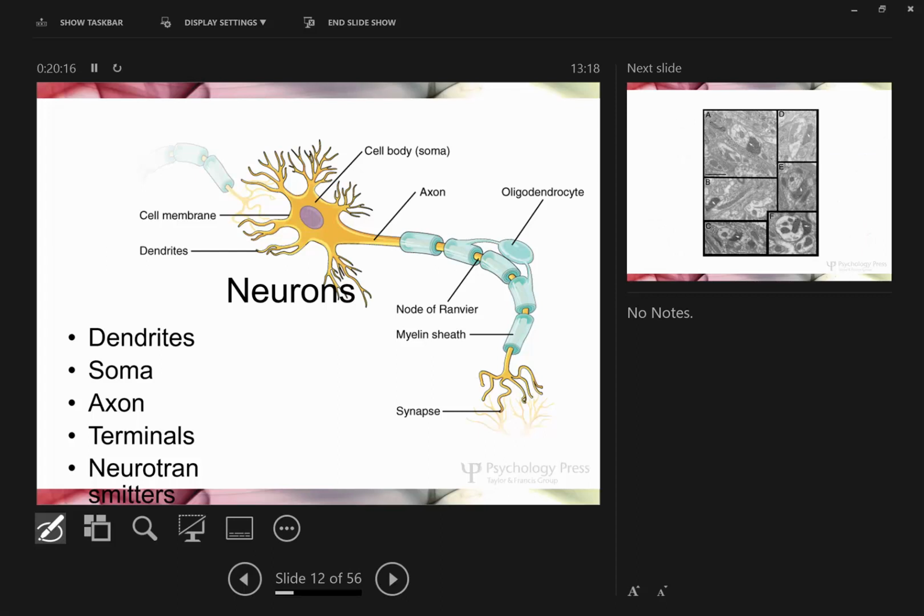For those of you that have not seen a drawing of a neuron in a while, here's a brief reminder of what that is. When we think about these action potentials, they go down this axon. This area is called the dendrites. That's the part that receives signals from other cells. And then we have the terminals down here that help convey a signal on to another neuron.